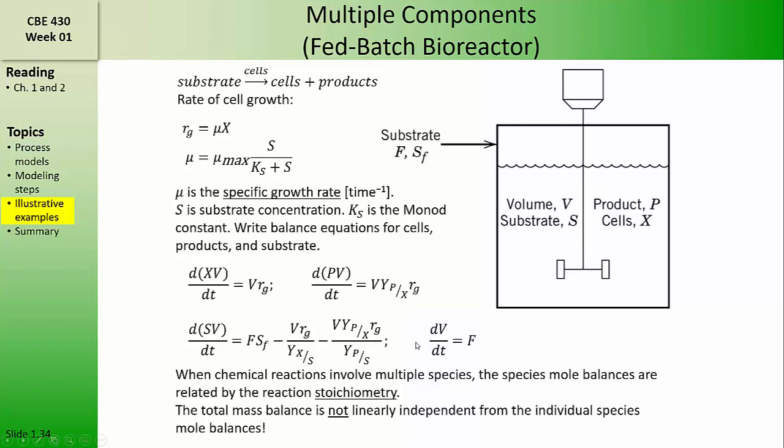The total mass balance is not linearly independent from the sum of the individual species mole or mass balances. But in this case, we're only writing material balances for 3 of the many species that might be in this reactor. So we can include the total mass balance in addition to these 3 component balances.